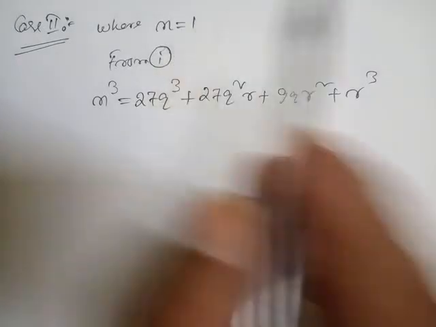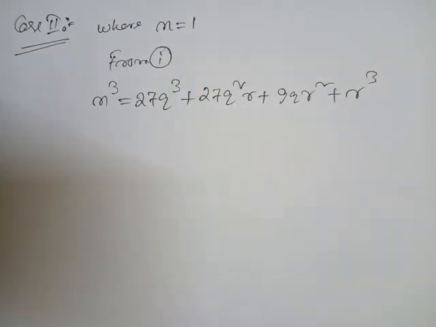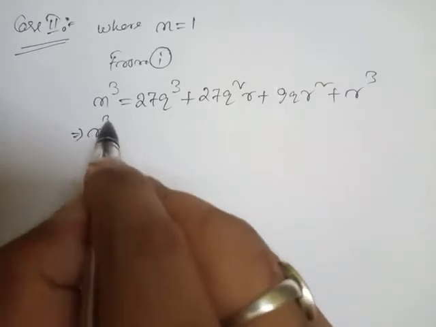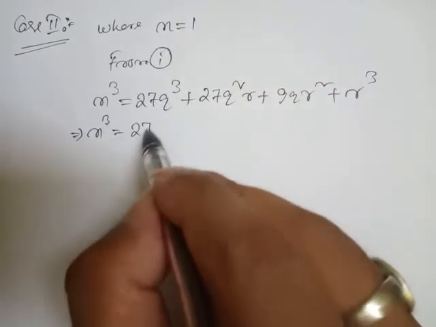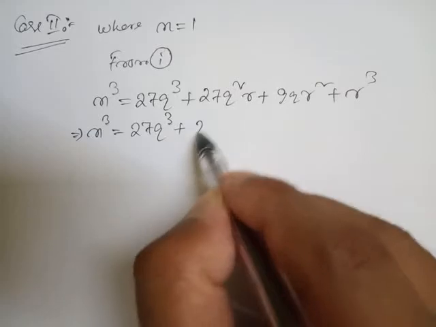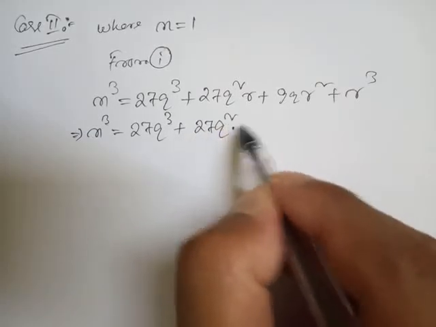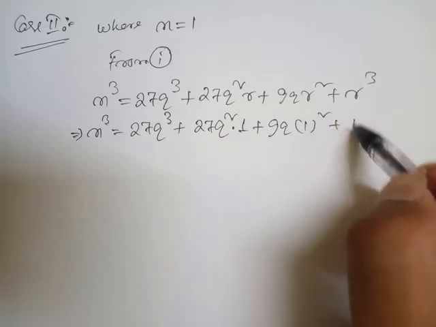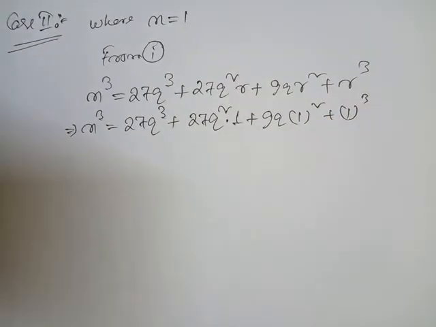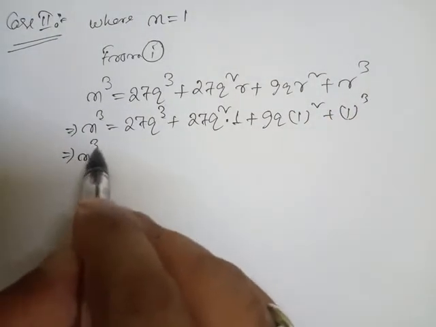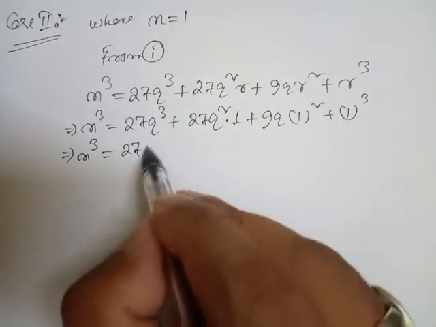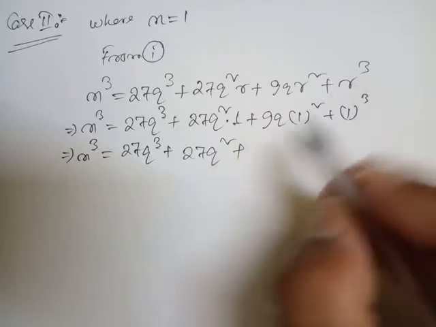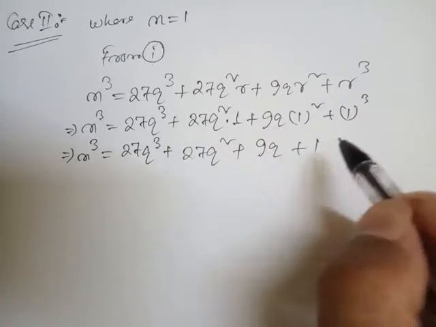Now in place of r, we'll put down the value 1 here. Now have a look, n cube equal to 27q cube, then 27q square into 1, then 9q into 1 square, then 1 cube. Next one would be n cube equal to 27q cube, then 27q square, then 9q, then 1.